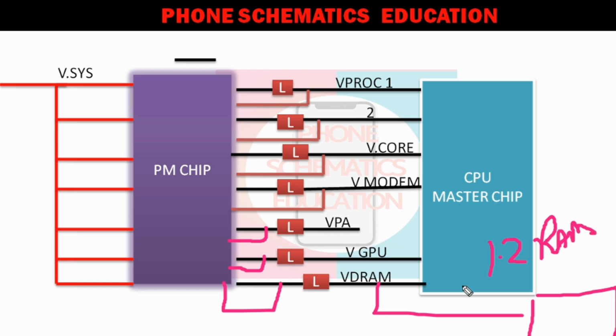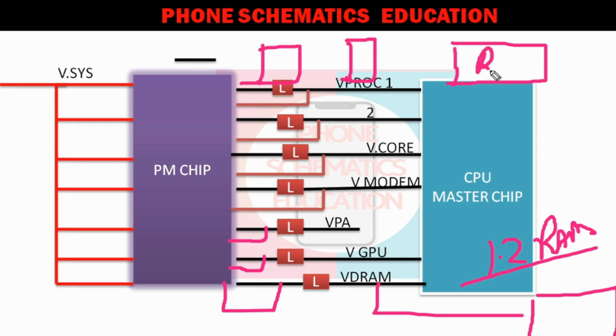Now, in some phones, you will see the RAM chip separate. In the latest phones there are 3 big ICs: a CPU, an eMMC or UFS, and another RAM. In some phones, RAM is inbuilt in the eMMC IC or UFS IC. In some phones, it is in the CPU.